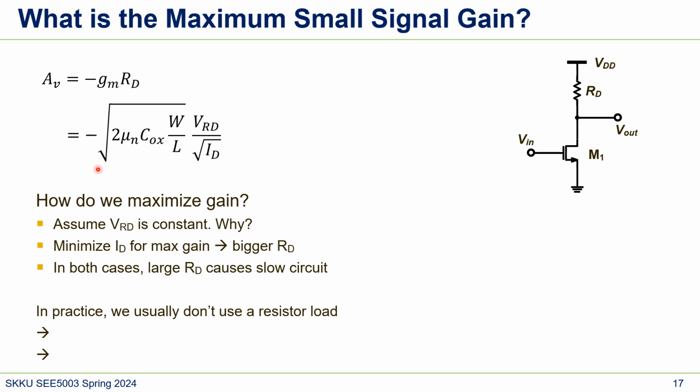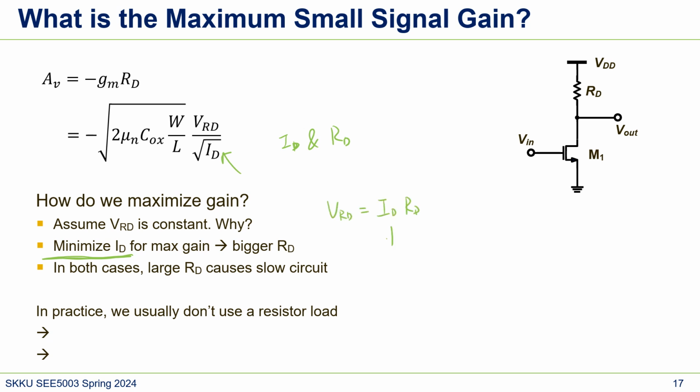So here's our equation. Assuming that everything is fixed, what we can change is ID, well, actually ID and RD. If you want to maximize the gain, we need to minimize ID, so we need to decrease our ID. But as I said, VRD was ID times RD.